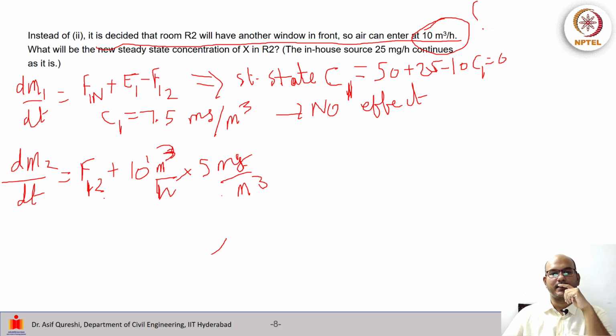So we have this much extra mass coming in, and outflow is 10 plus 10 now, because we have 20 meter cube of air going out times C2.